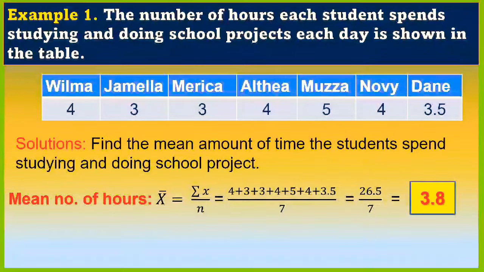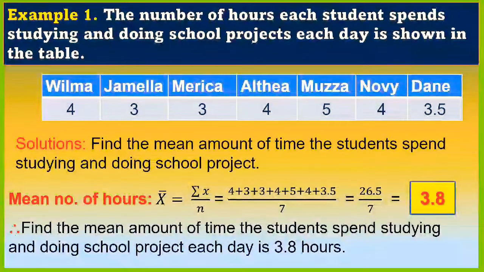By adding all the quantities in our data, that sums up to 26.5 over 7, and that is equal to 3.8. The mean amount of time the students spend studying and doing a school project each day is equal to 3.8 hours.